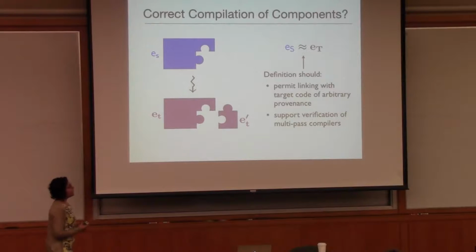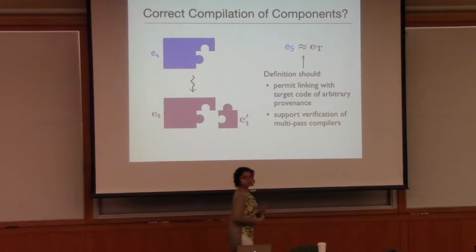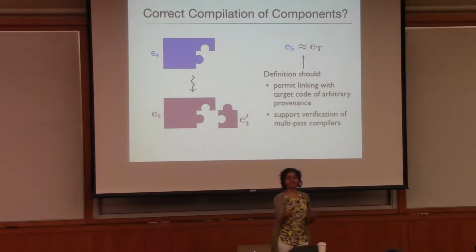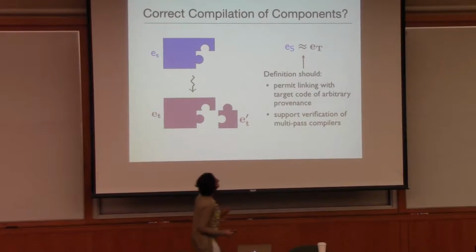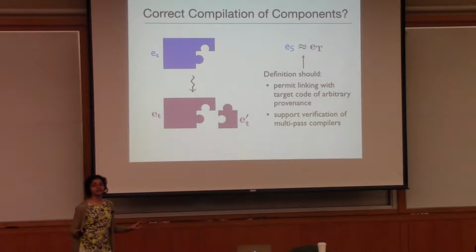So however we define this equivalence between source and target, ideally, and this hasn't been done yet, this should be our goal: that this definition should permit linking with target code of arbitrary provenance. It comes from anywhere.